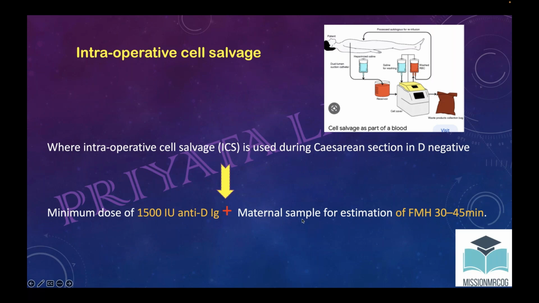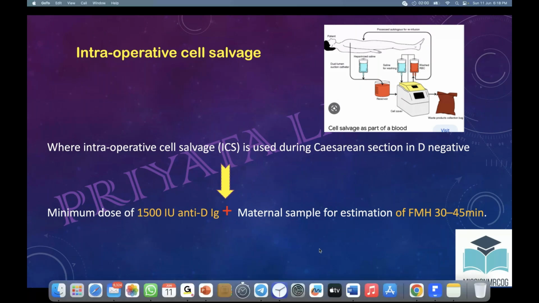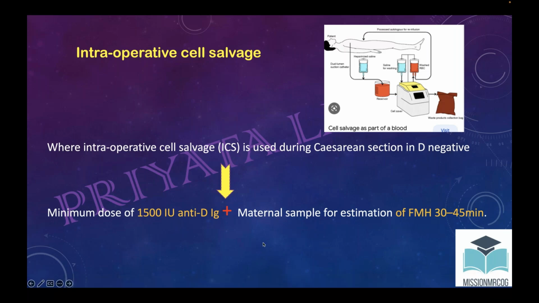Once we have given anti-D, as I already told you, if IM is given, we do testing again after 72 hours to know whether we require more anti-D, and if the dose has been given IV, then we do follow-up testing for FMH after 48 hours to know whether more anti-D is required or not.